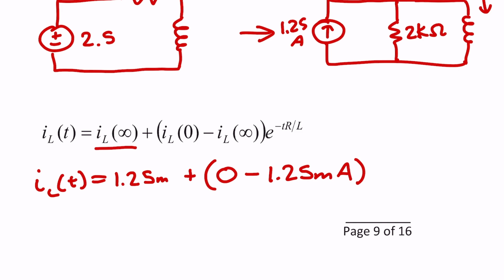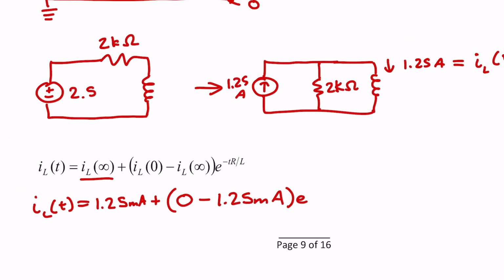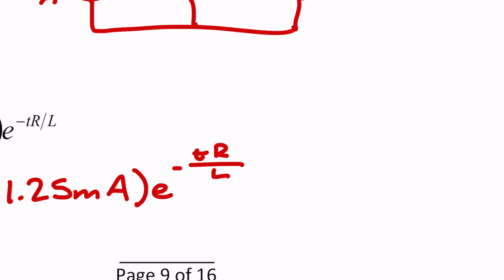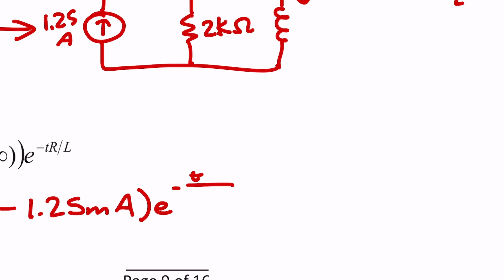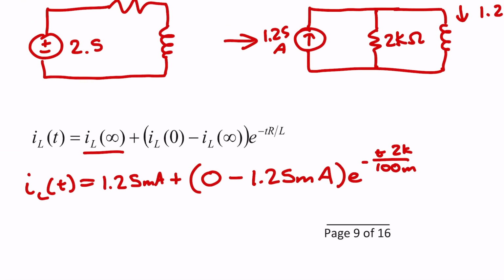Same number, but milliamps. And then e to the negative t R over L, right? Now, what are R and L? R and L are just the resistance and the inductance, right? So resistance we know is going to be 2K, and the inductance is going to be 100 milli. So this is our final equation.